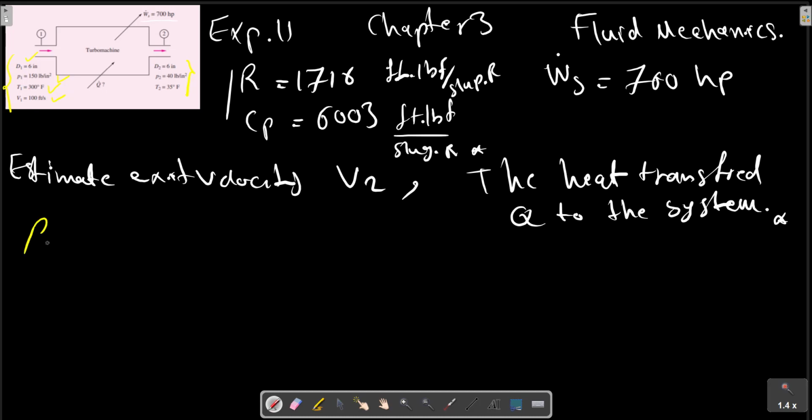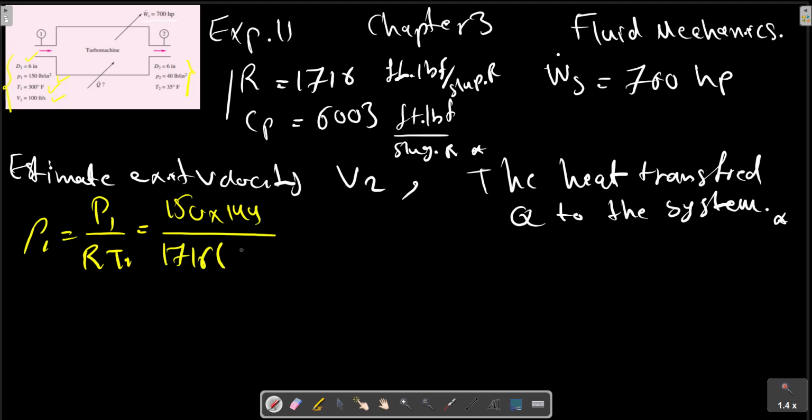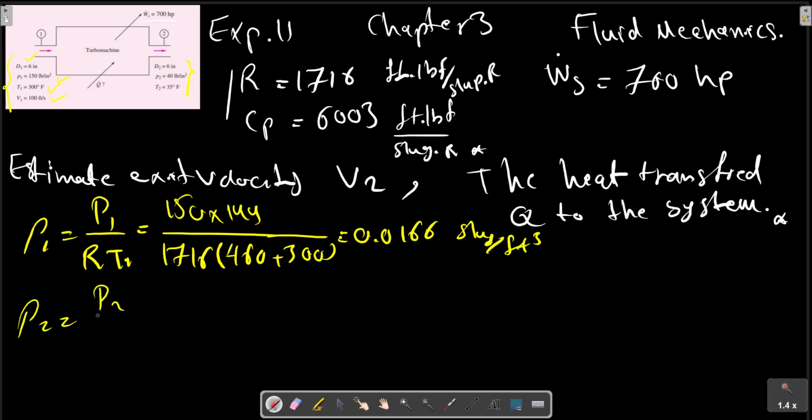So we can calculate rho 1 equals P1 over R T1, which equals ... slug per foot cubed, and rho 2 equals P2 over R T2.